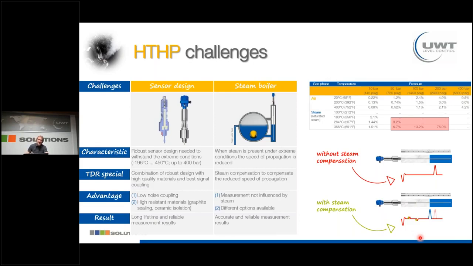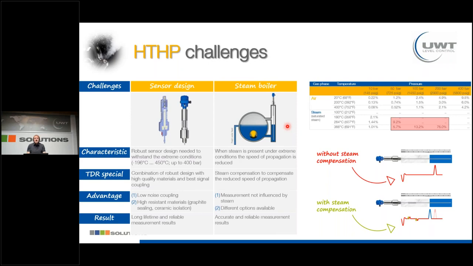So this is basically what happens in the steam compensation. An additional small tube is installed, we get a reference signal, and with this element we get reliable, very accurate measurement results, even in such challenging and extreme applications with these extreme conditions and with steam superimposed over this liquid surface.